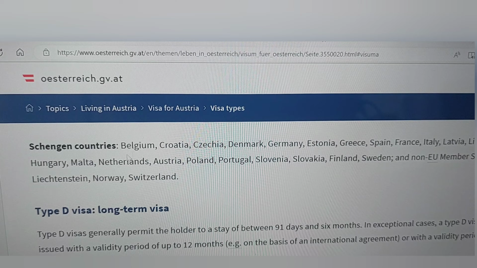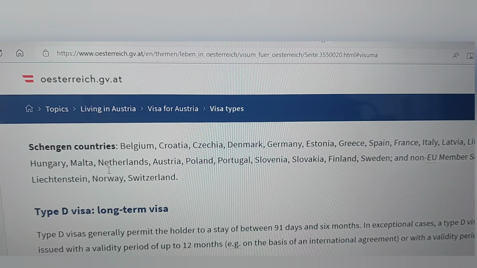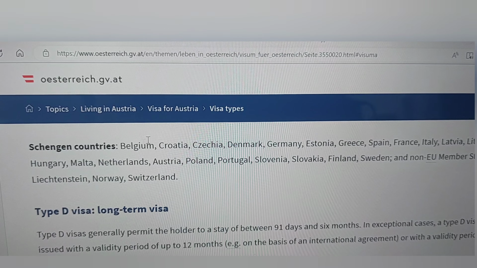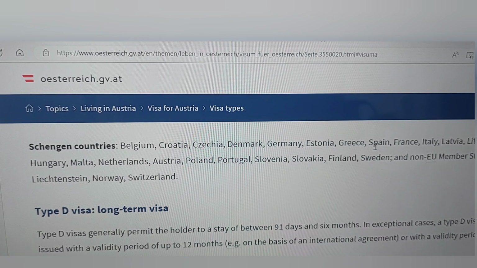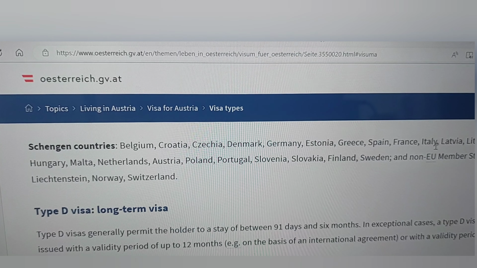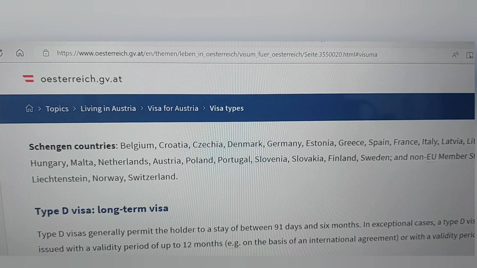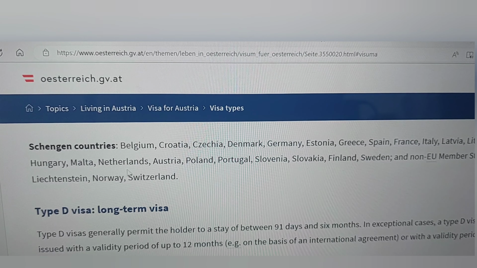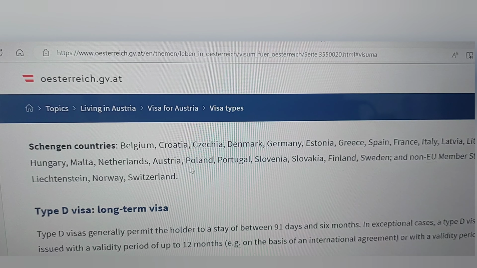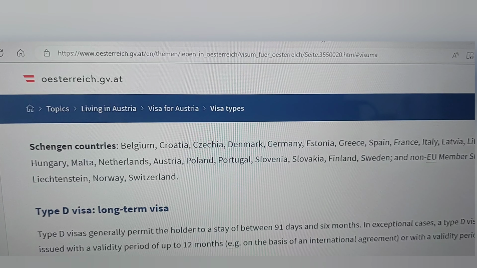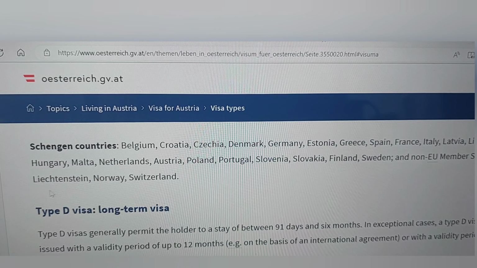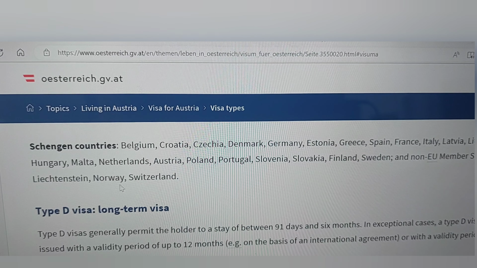What are the Schengen countries that you can use type C visa and type D visa to enter? Belgium, Croatia, Czech Republic, Denmark, Germany, Estonia, Greece, Spain, France, Italy, Latvia, Lithuania, Luxembourg, Hungary, Malta, Netherlands, Austria, Poland, Portugal, Slovenia, Slovakia, Finland, Sweden, and non-EU member states: Ireland, Liechtenstein, Norway, and Switzerland.